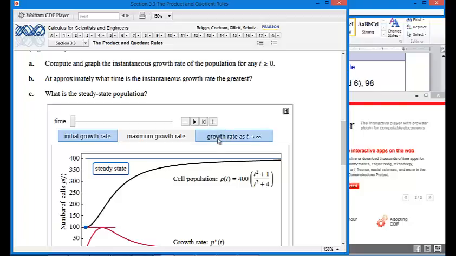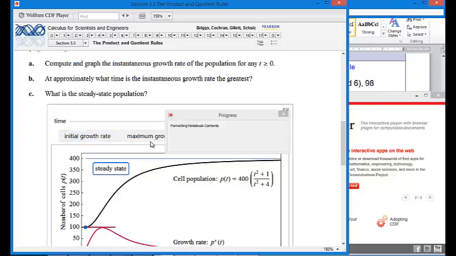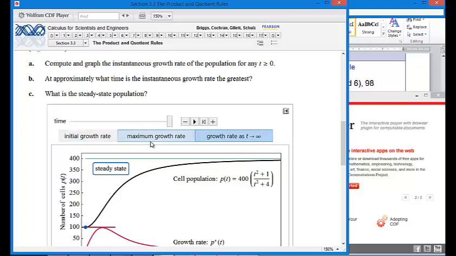And we also don't know part C. When is the instantaneous growth rate the greatest? I guess what we just answered is the steady state population. So that's what you were able to do before today. But what this example is talking about is your initial growth rate and your maximum growth rate. What are those going to be?